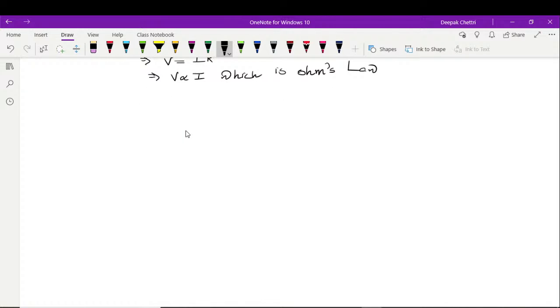Now next thing I want to do is, okay, so if I have a conductor of length L, and if A is the area of cross section, now you know this from your class 10 days, there is a relation that the resistance will be directly proportional to L by A, right?